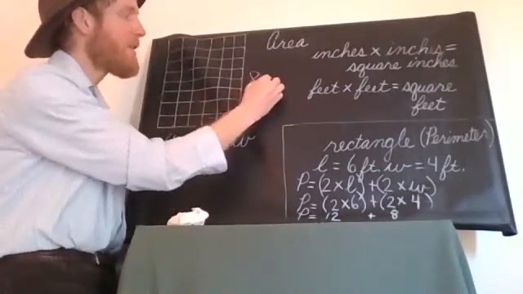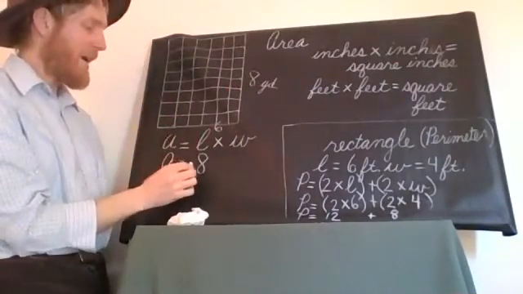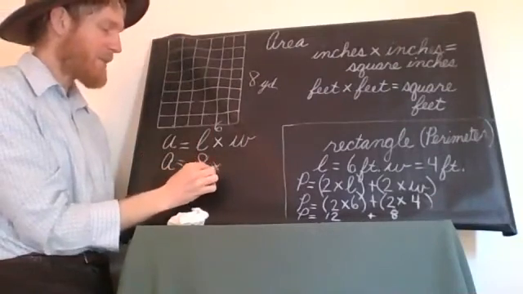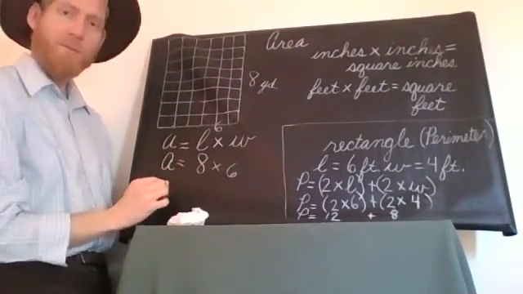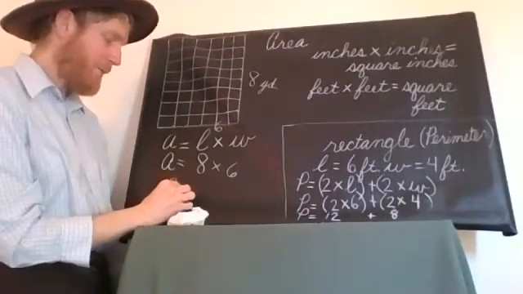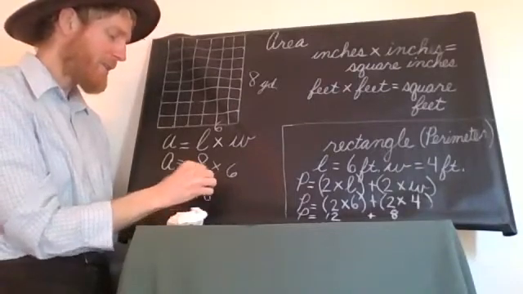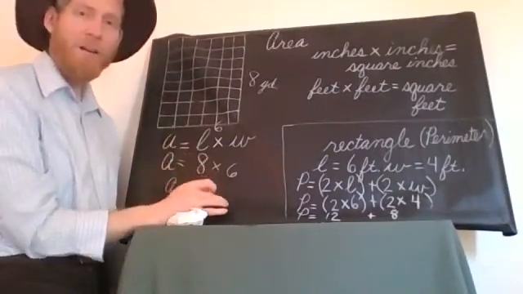Let's say it was in yards this time. 8 times 6. And then we would write A equals 48. Would we just write yards?